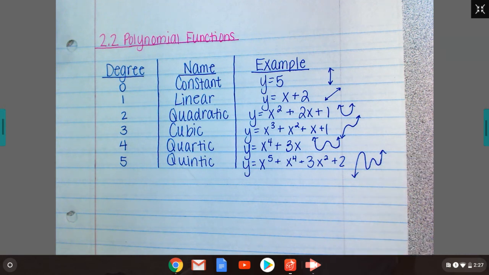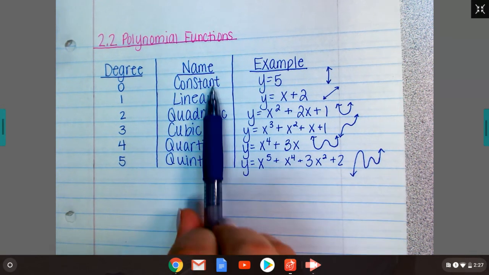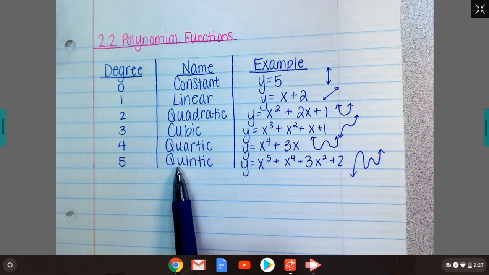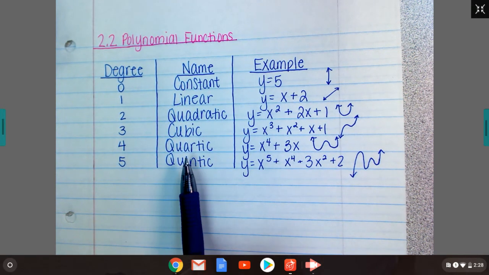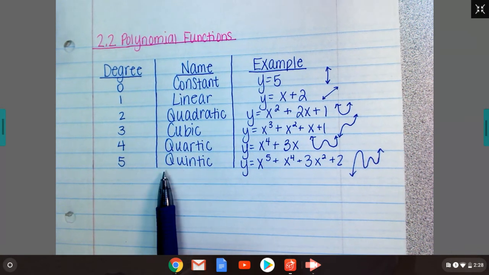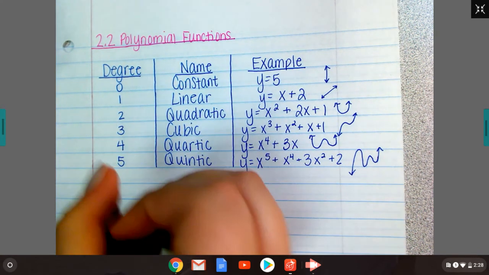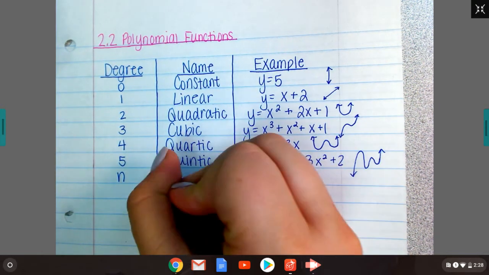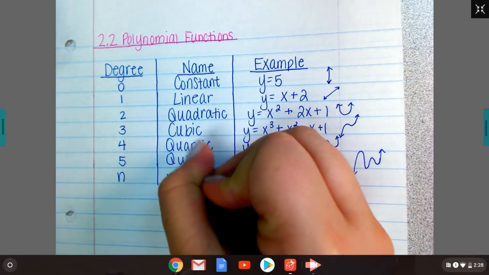The next thing I want to say is to notice that after we get past 5, we're going to start running out of words here. So if it were me, I'm probably only going to use the first 6 terms: constant, linear, quadratic, cubic, quartic, quintic. And these are ones you'll have to memorize, unfortunately. If you get past that, some big degree n, let's say, we can just say nth degree.